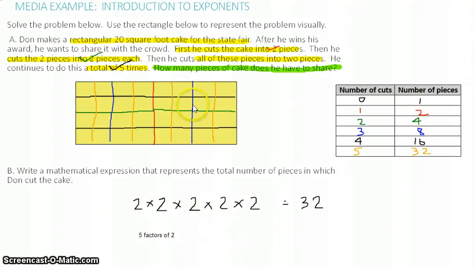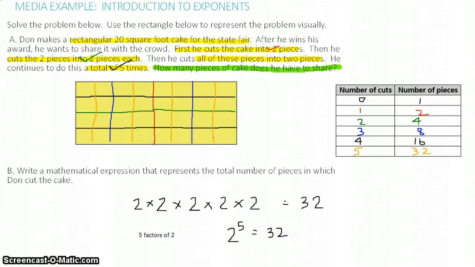So our new notation, which is going to be exponents, is to write 5 factors of 2 in a more simplified form. We'll write 2, put a 5 up here, and we say 2 raised to the 5th power, and that's going to be 32.